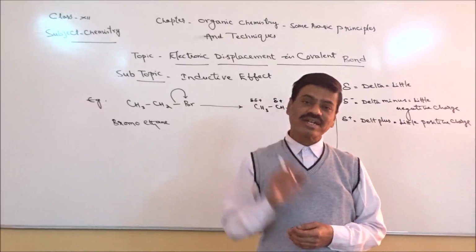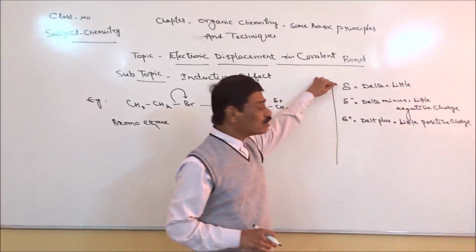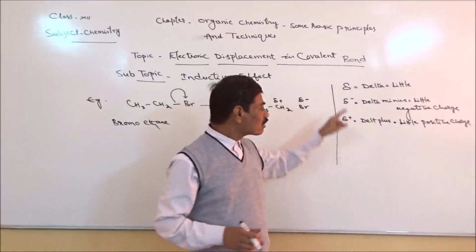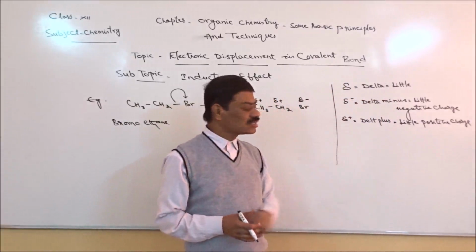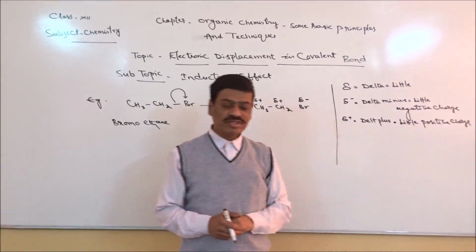So that is also delta, which stands for heat. This sign should be read as delta, which means little. Delta minus means little negative charge, right? Delta plus means little positive charge.